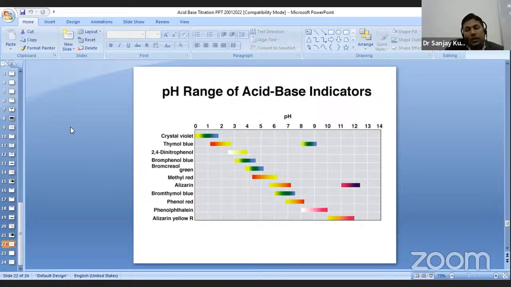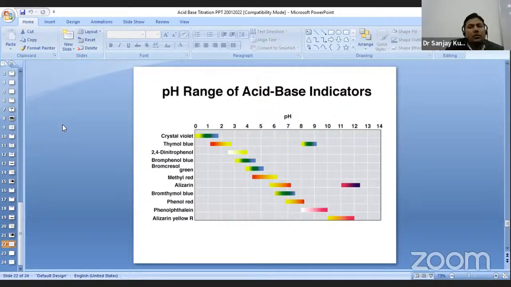So where we can use them: strong acid with weak base, weak acid with strong base, or weak base with strong acid. So these are three different types of acid base titration, where we use different indicators. But nowadays in a lab, regularly we are using strong acid, strong base.